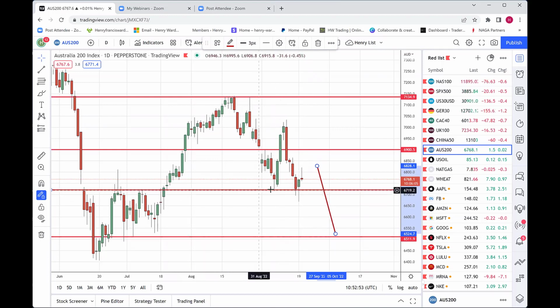But we have that horizontal, and the open and the close is above it. So theoretically, it has bounced off this level, but there is a potential bounce there, and I decided against this particular entry, but there is a potential trade there.